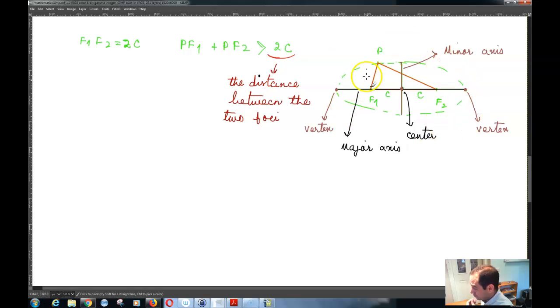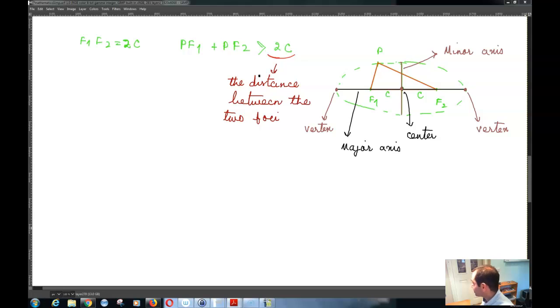So this is some terminology that you need to know about ellipses, and when we talk about them, we have to use this basic terminology.